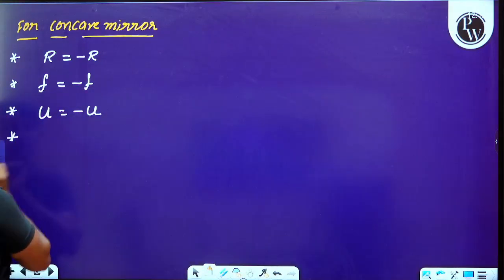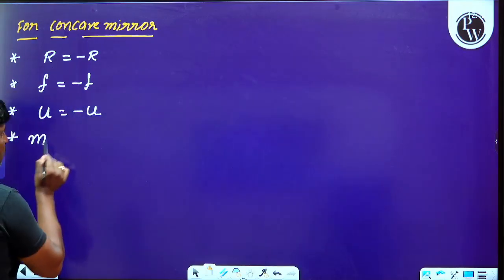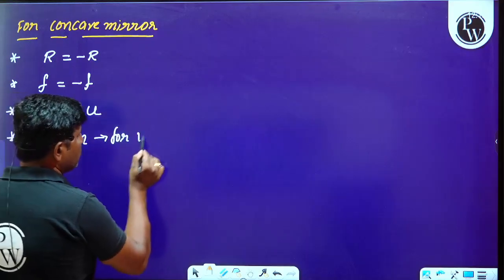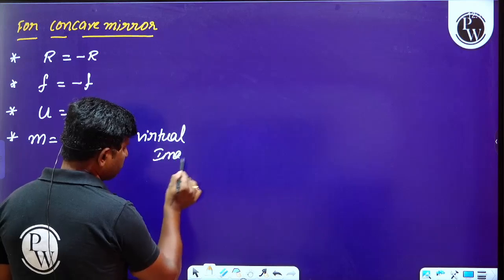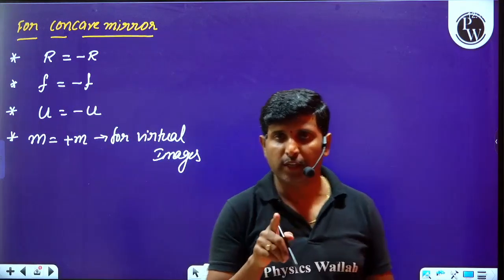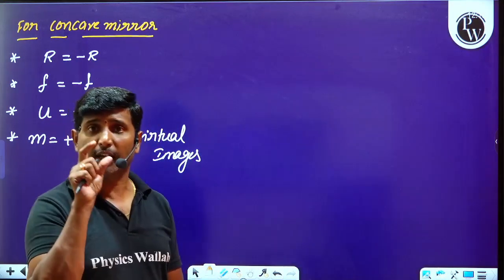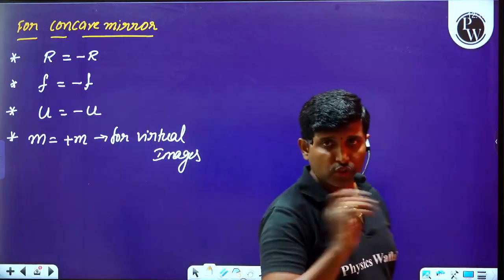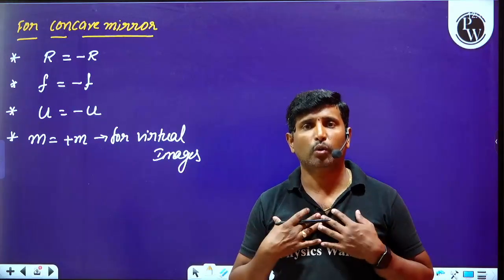And later please observe this. What can you say about the magnification here? Magnification m is equal to plus m for virtual images. No need to worry, they will mention each and every point as a clue in the question, but suppose they have not mentioned anything about the image, whether it is virtual or real, we have to calculate for both.